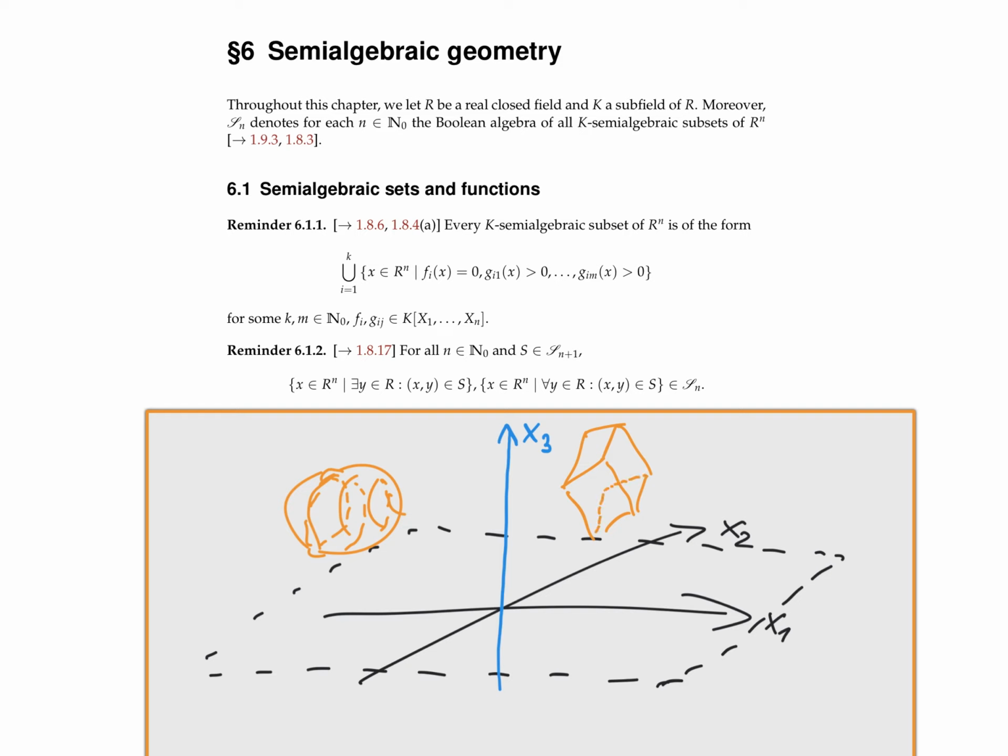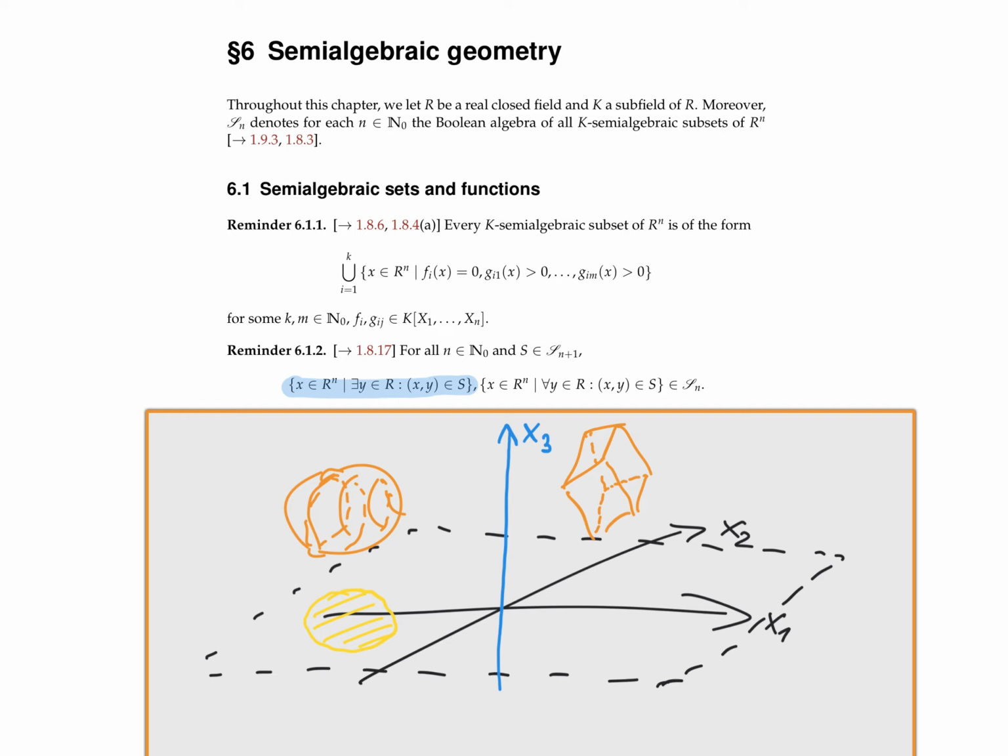And then yes, this set here is of course a projection. So I project it down on the x1, x2 plane, right? The projection of this ball is a disk, and the projection of this cube is more complicated.